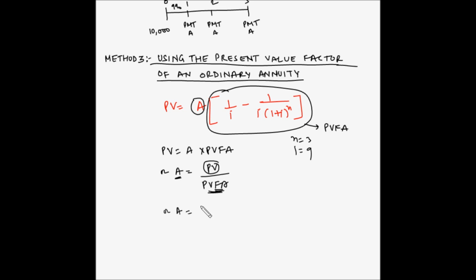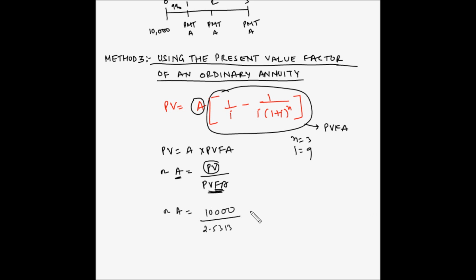Or A is equal to PV is 10,000 and PVFA is 2.5313. Now as you might have noticed, in the previous two methods we rounded off these numbers to 2 decimal points, so we were getting 2.53. So we were dividing 10,000 by 2.53. However, in the table here we have this figure as 2.5313, which is rounded off to 4 decimal points.